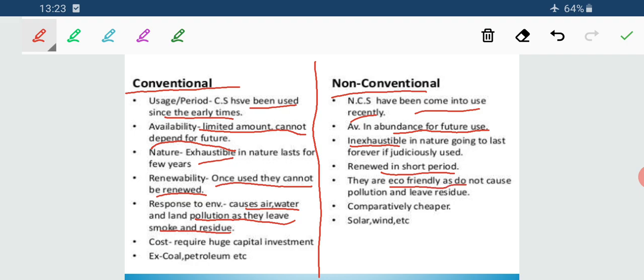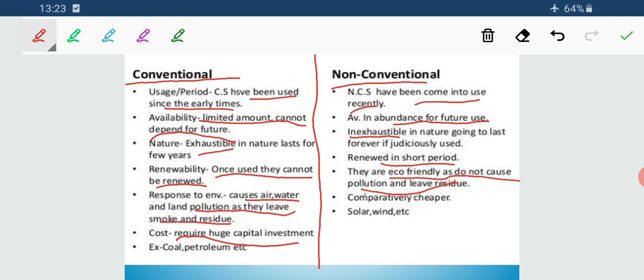They do not emit any sort of harmful gases compared to the conventional. Now the cost: more capital investment is required for the conventional. Why? Because every time we have to extract these resources, but with non-conventional, once the installation is there, there is a continuous flow of the resources, so it is comparatively cheaper.